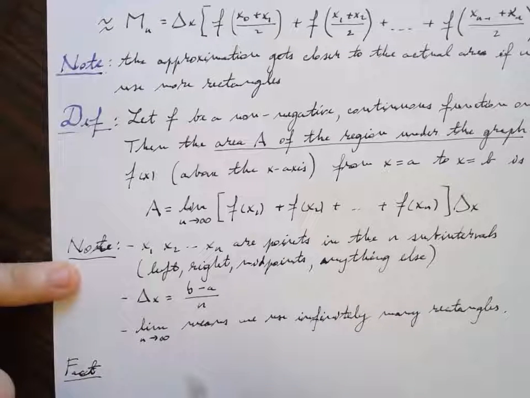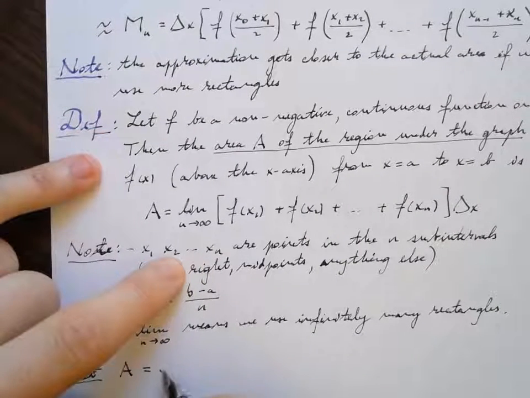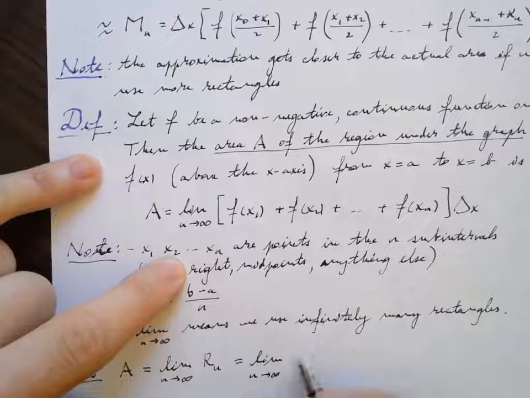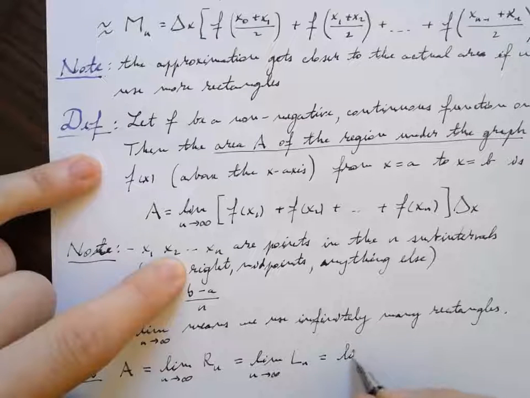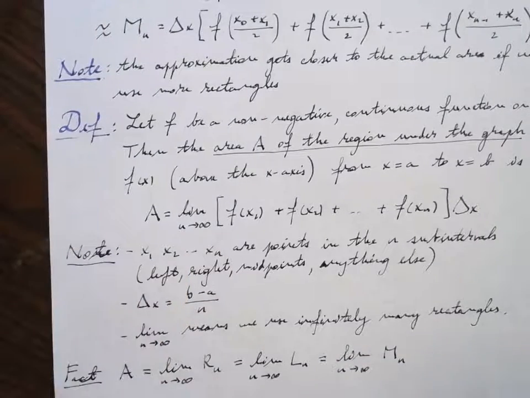It turns out that if this limit exists, then the actual area is the same as the limit as n approaches infinity of the right approximation, or the same as the limit of the left approximation, and the same as the limit of the midpoint approximation.